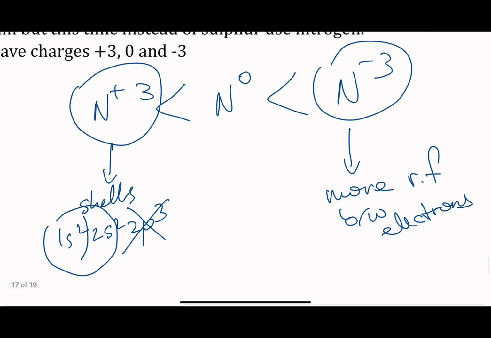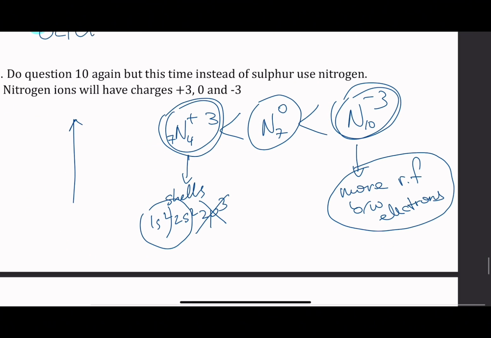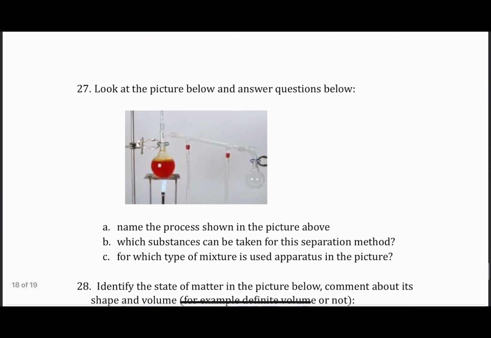And more repulsion force between electrons, that's why it makes it bigger for nitrogen -3 than 0 and then +3, because this one has 4 electrons, while this one has 7 and this one has 10 electrons. The more electrons you have, the bigger the radius gets.